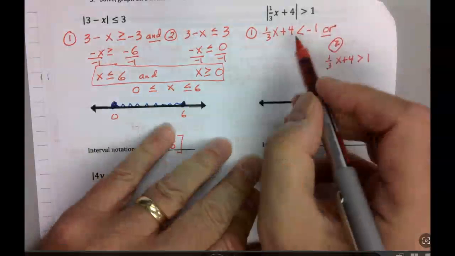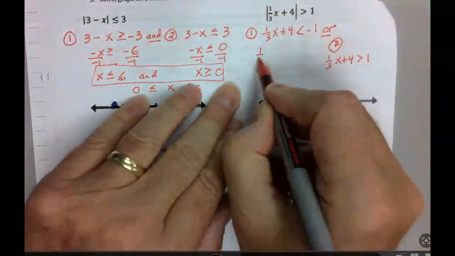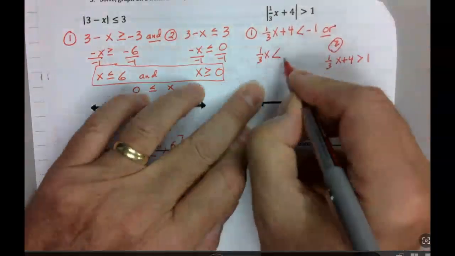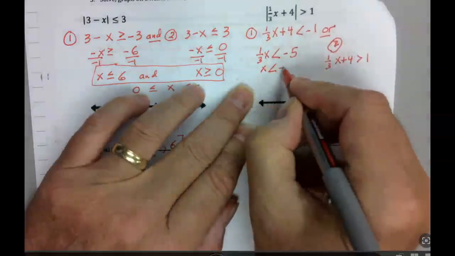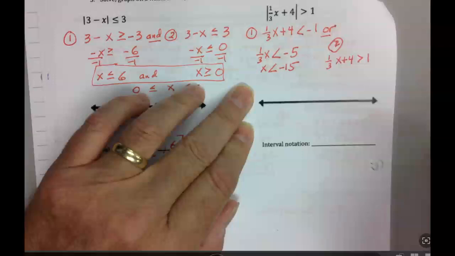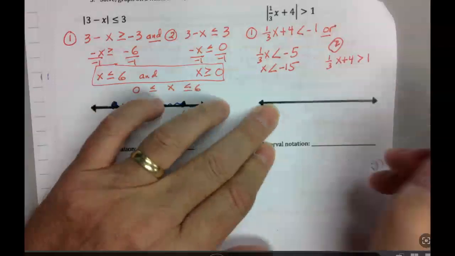Okay? Subtract 4. Multiply both sides by 3. So I should get that. Agreed?